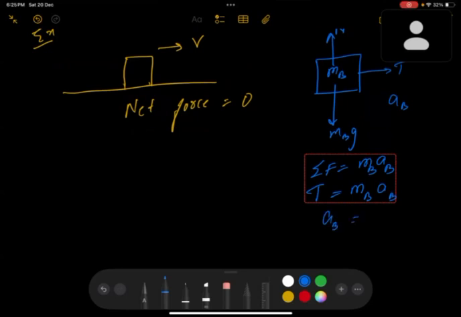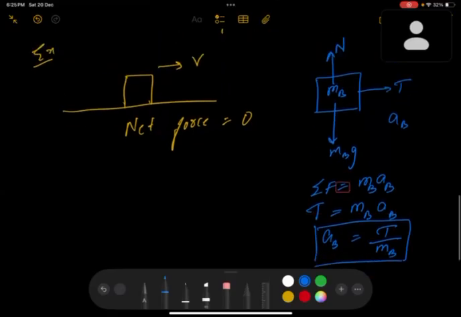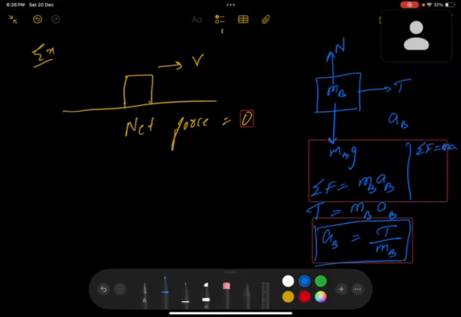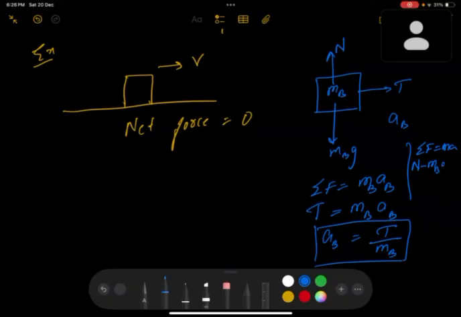So aB will be T upon mB. The second equation, in the y direction, is summation of F is equal to ma. In the y direction there is normal upwards minus mBg, and since there is no acceleration in the y direction we can write it as 0. So normal is equal to mBg.